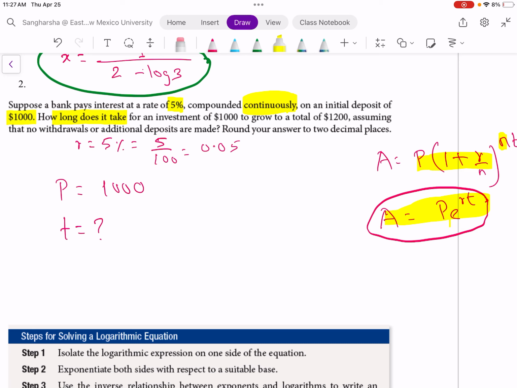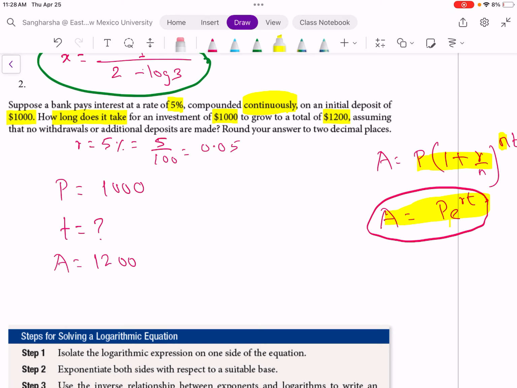For an investment of $1,000, this is our P, to grow to a total of $1,200. Now, what is this $1,200? A, right? That's the amount that we get after time T. We don't know what that T is. So our A is $1,200. Assuming that no withdrawals or additional deposits are made, round your answer to 2 decimal places. Now we know what we're going to use.